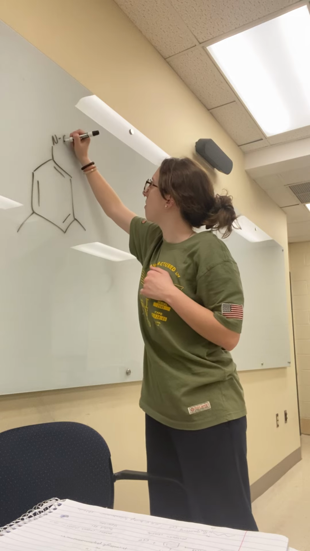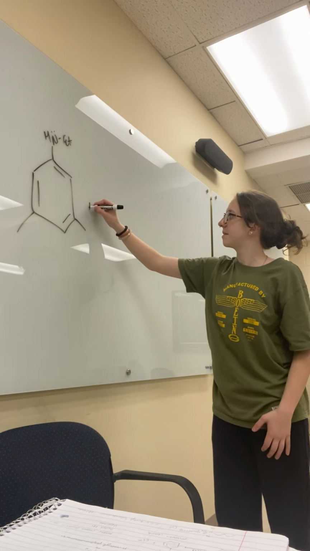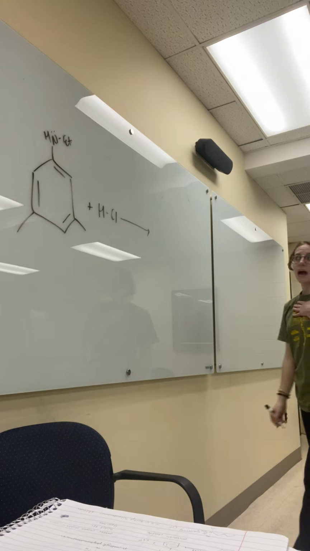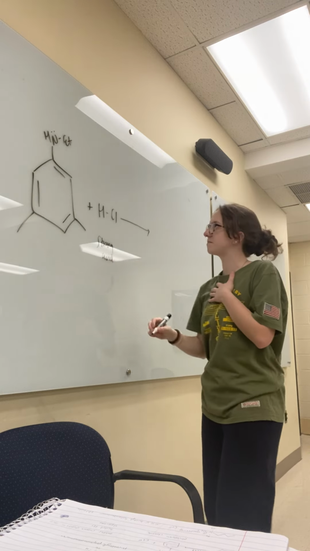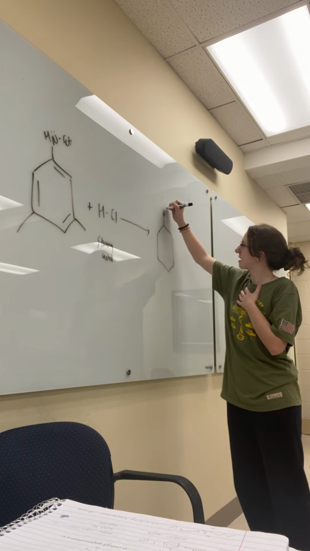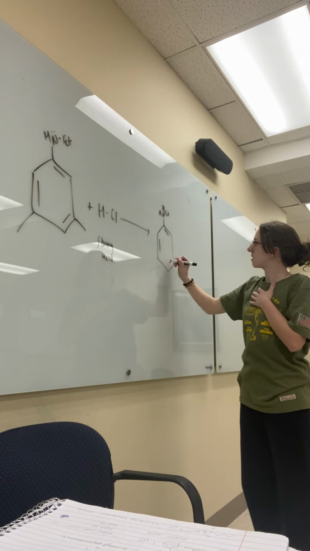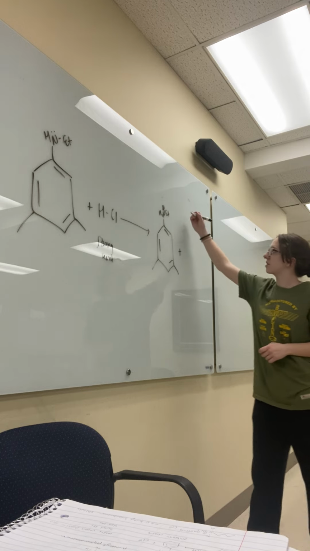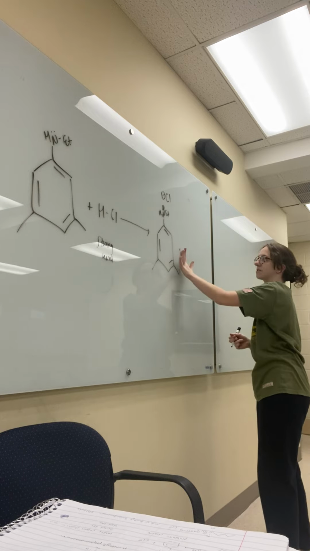Let me change that to an F. Right? So when we have a very strong acid, we're going to end up getting, again, that ammonium ion. And you're going to get that Cl that is attracted to it.